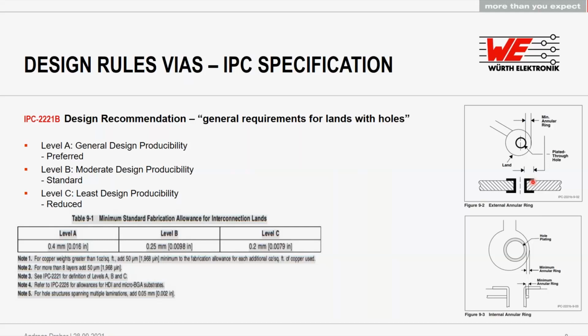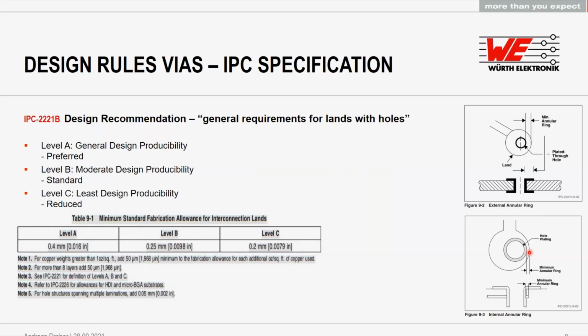Some tips from my side. When you look at the annular ring of a landing pad, we always have process tolerances. And even with the most modern production equipment, there's still some tolerance inside the PCB construction.